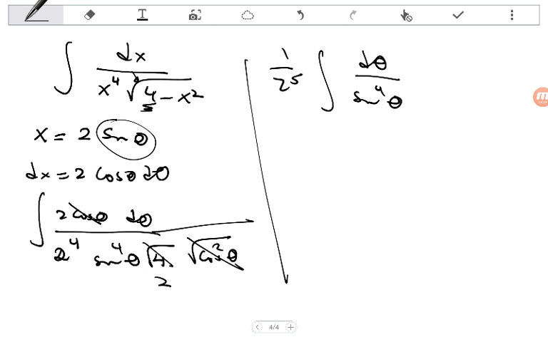How can we solve this integral? Also, the 2 power 4 and this 2 together make 2 power 5. How can we integrate 1 over sine power 4 theta?